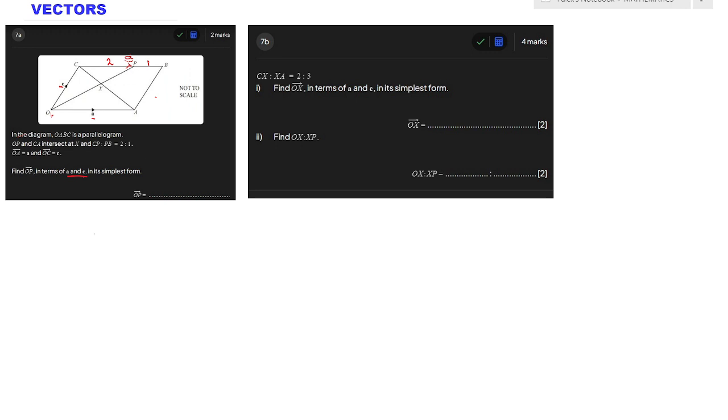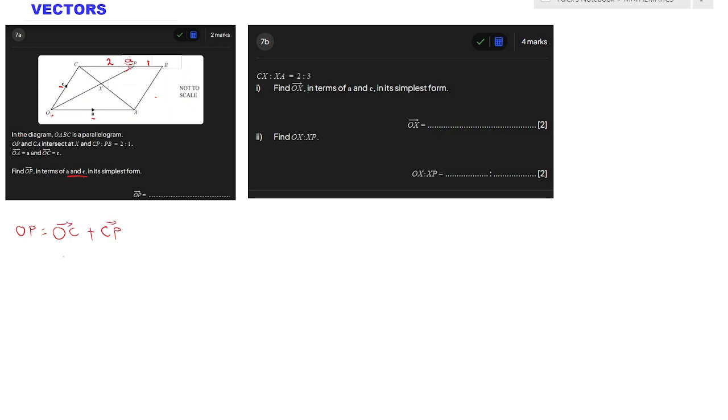That is also vector A. And therefore, if we want to find OP, it's as simple as going through OC and then taking C to P.